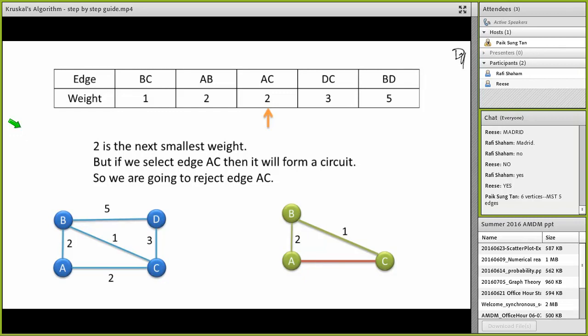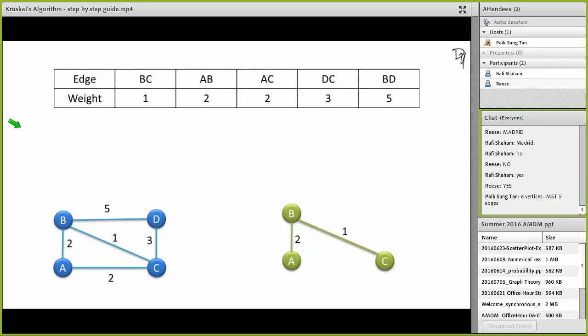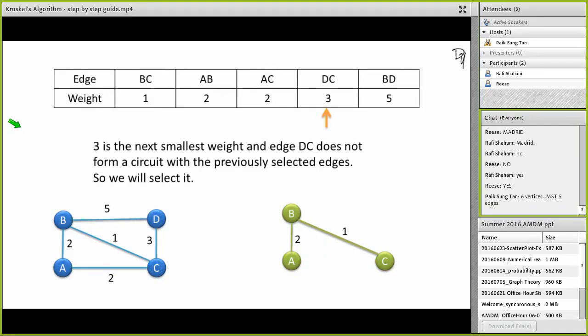It went back to its original starting point, so we cannot keep that one. Next one up, DC.